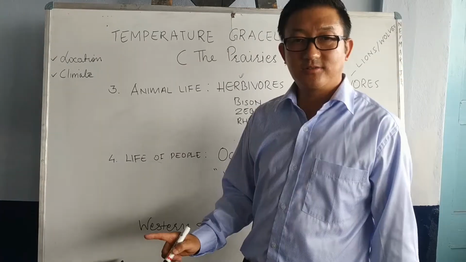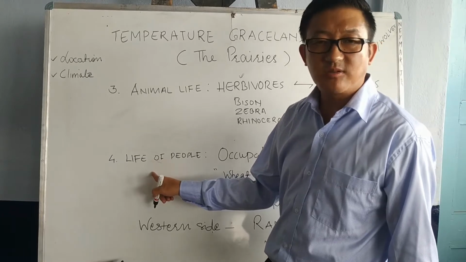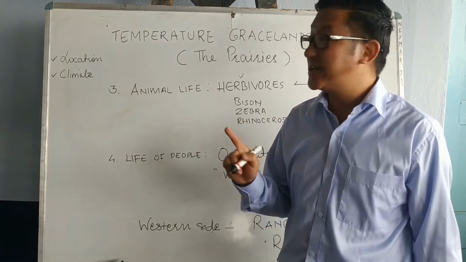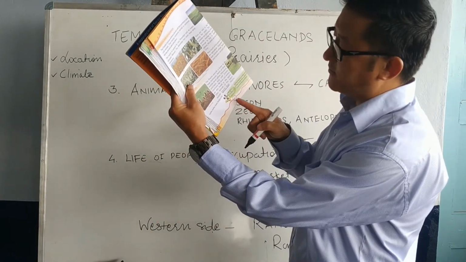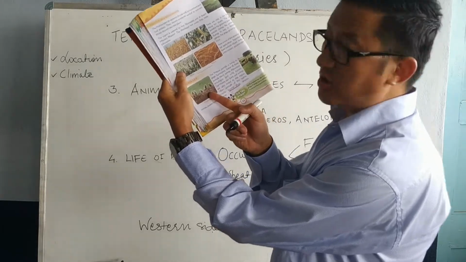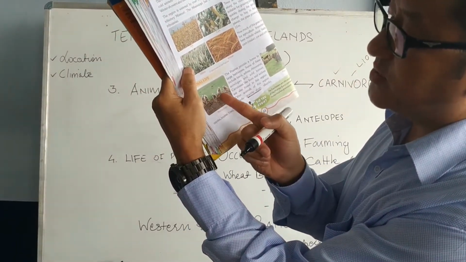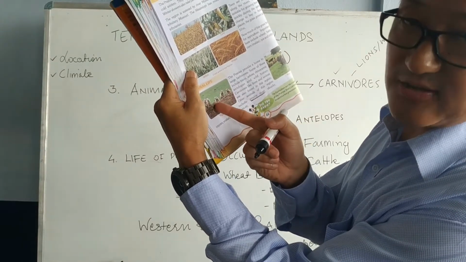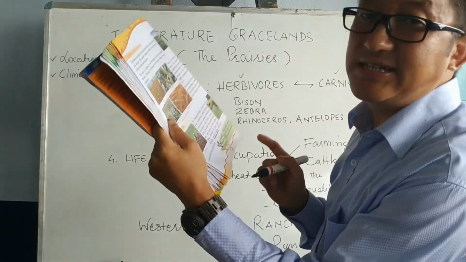Right, I forgot one thing. Before we begin the next subtopic, we'll discuss one peculiar animal that we get in this region. Take your page number 44 and you see the picture here. A small mouse kind of animal. You see here, one, two, three, four, five small mouse kind of animals. They are called prairie dogs.